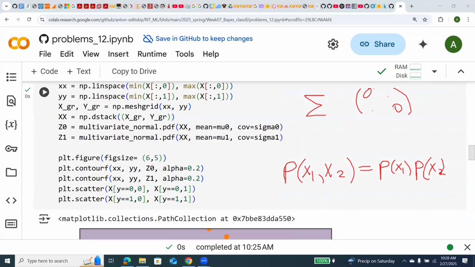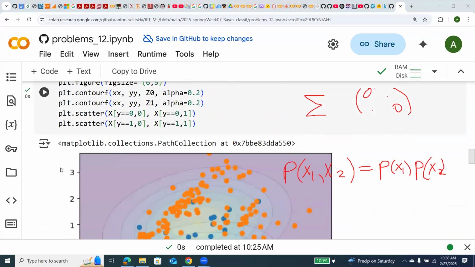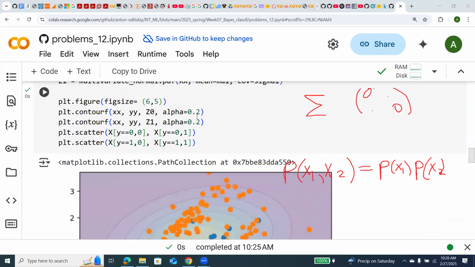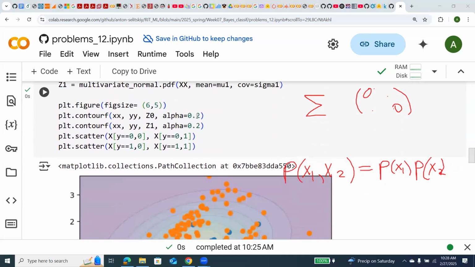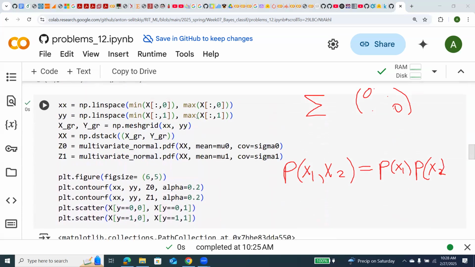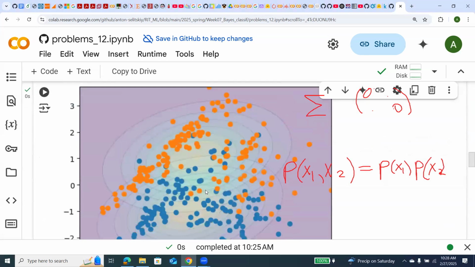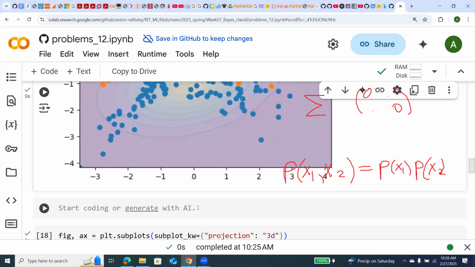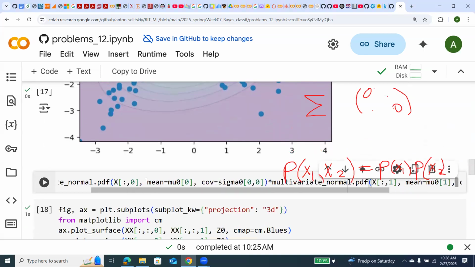So let's go just ahead. Actually, I will. I can also I can plot this plot, but for naive Bayes. Let's see, just to compare.